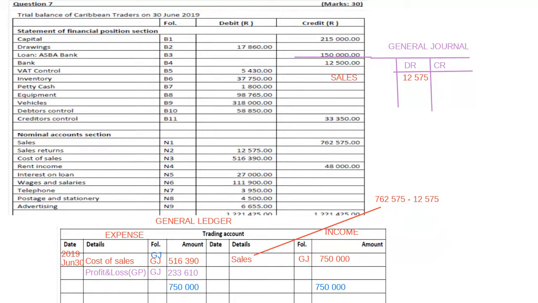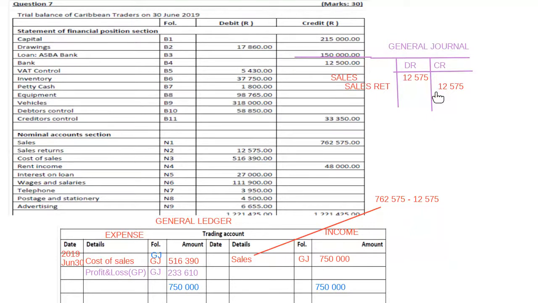I'm just going to say sales because of space. Sales returns 12575. See, that's how I will record it. Can you see now? If you check the sales returns here, it has been debited. So here I'm going to credit. And remember, the reason why I put sales here, it shows me that I transferred sales returns to the sales. Okay.